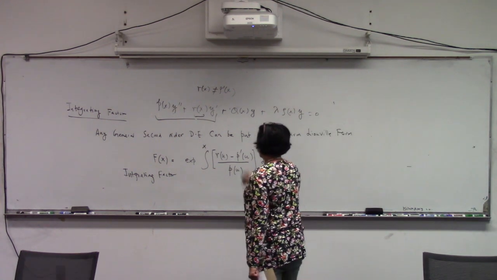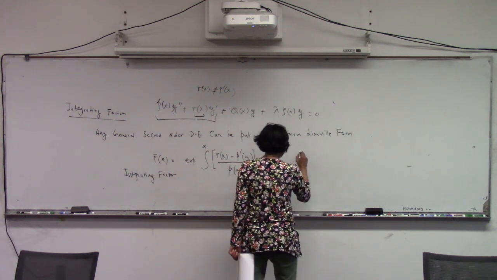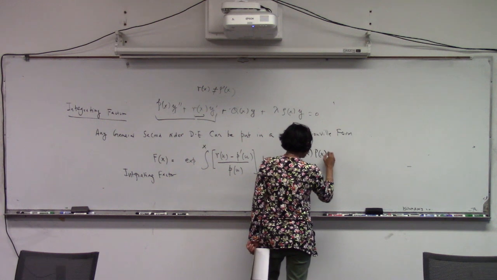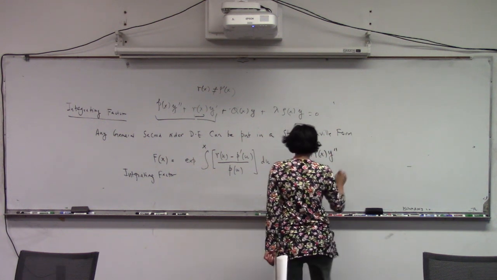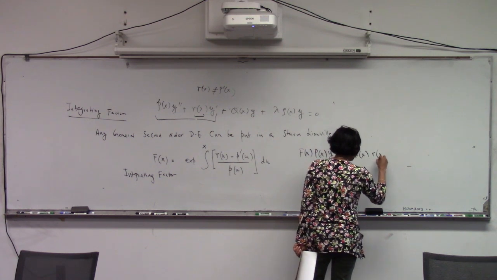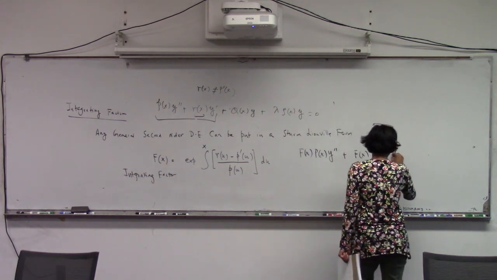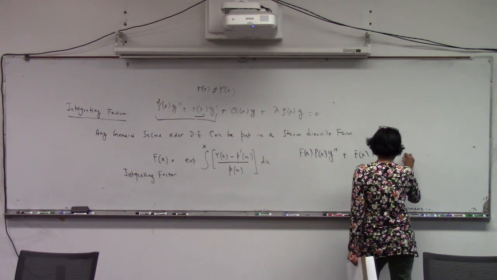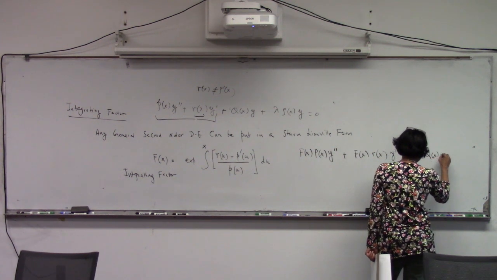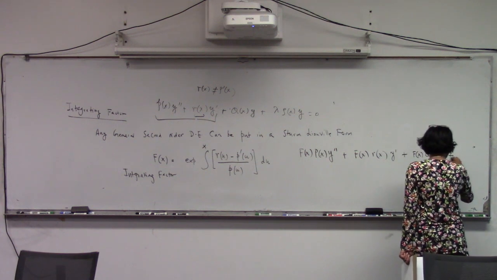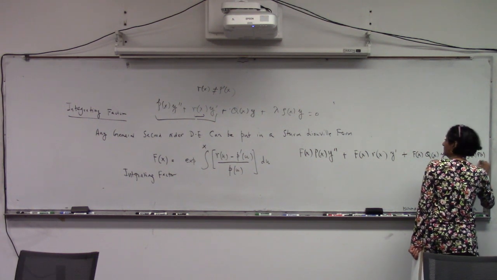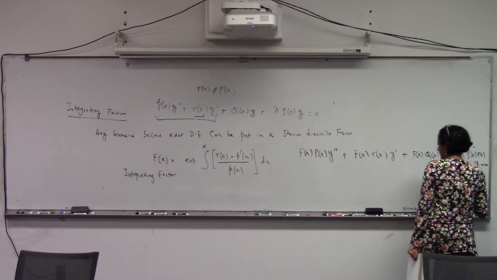If I multiply by f, I have this equation, as simple as this: f of x, p of x, y double prime, plus f of x, r of x, y prime, plus f of x, q of x, y, plus lambda rho of x, f of x, y equal to 0.